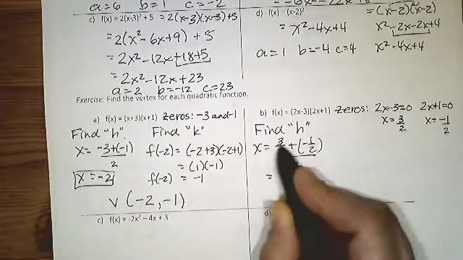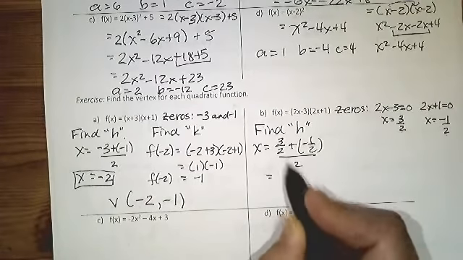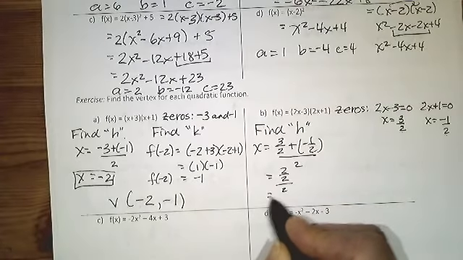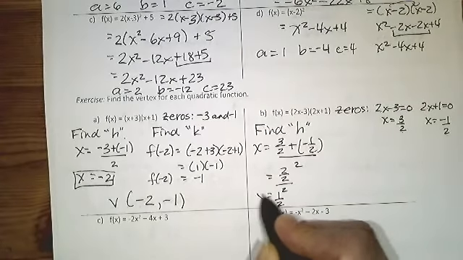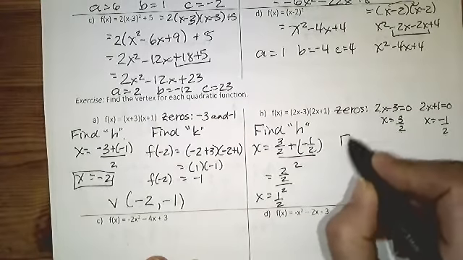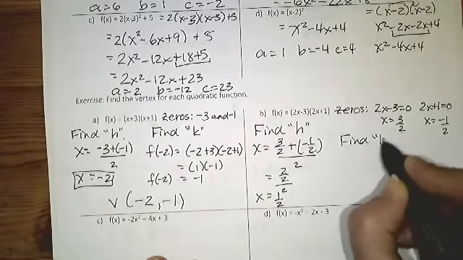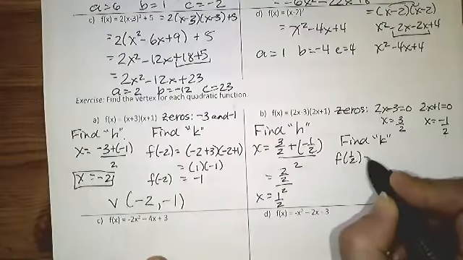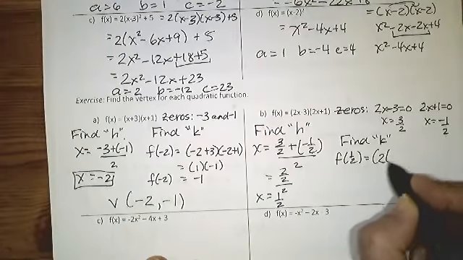Have a common denominator. So when we add, we'll get 2 over 2 divided by 2. But 2 over 2 is just 1, so it's 1/2. So I find that the x value is 1/2. Now I'm going to find the k. And we're substituting 1/2 into the original equation.